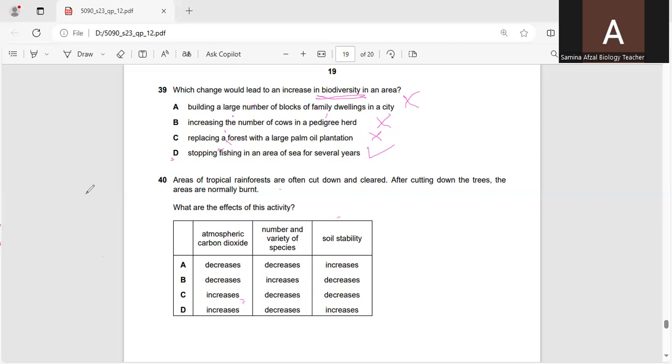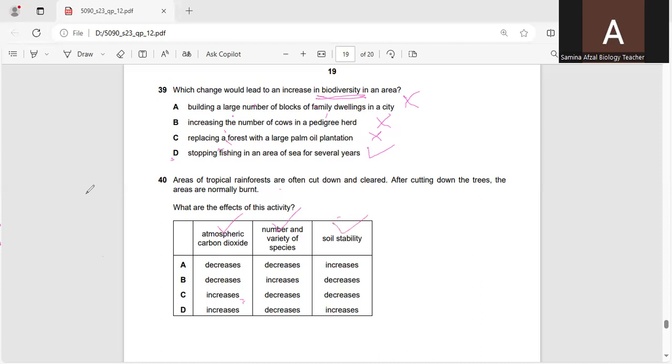How? Carbon dioxide will increase because plants absorb carbon dioxide and reduce it in the atmosphere. The number and variety of species will also decrease. Yes. Soil stability will decrease if there are no plants.